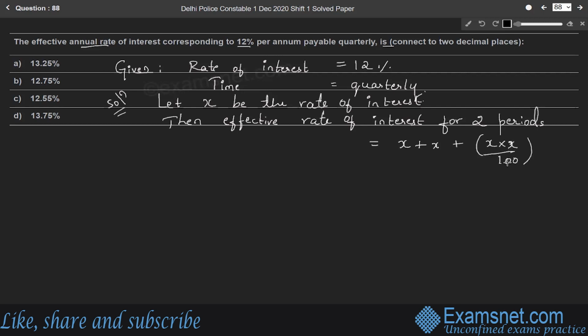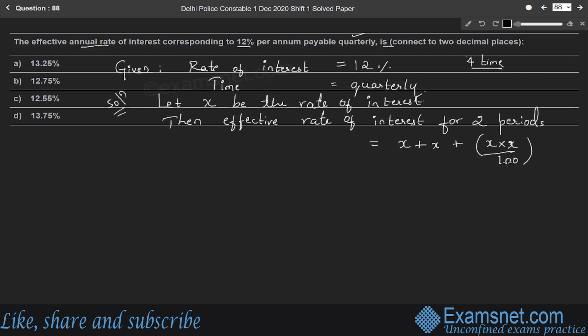Right. So based on this, let us calculate the effective rate of interest for how many periods? For 4 periods. So in a year, there will be 4 quarters. So here the rate of interest is compounded quarterly, right? So in 1 year, it is compounded 4 times. So the period is 4 here.